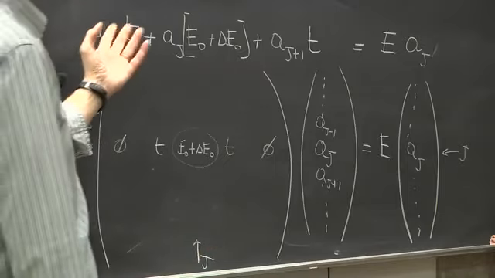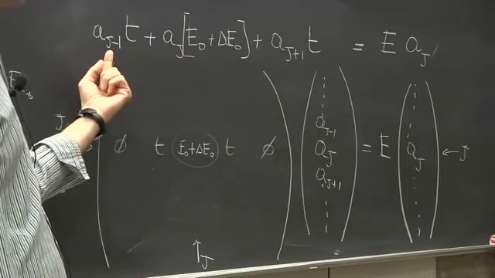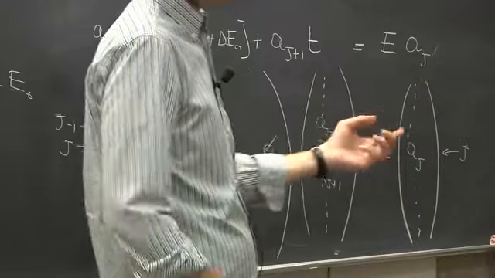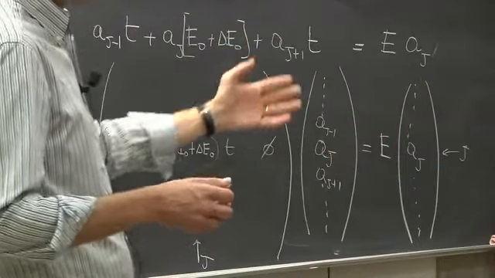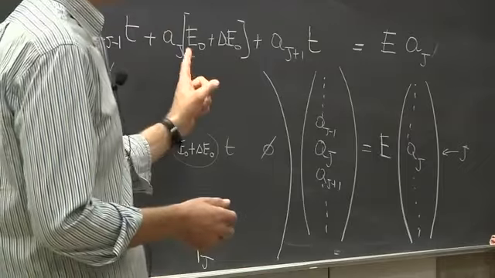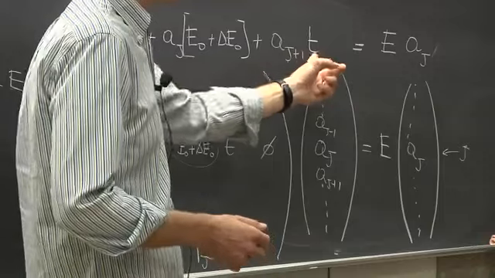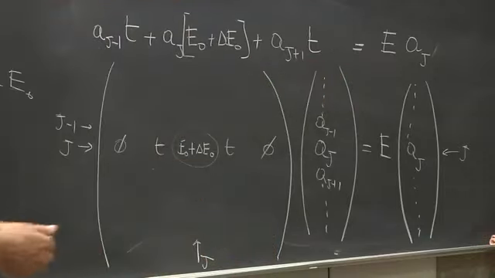Because this equation, I can write exactly the same equation for j minus 1 if I wish. Here there will be j minus 2, here there will be j, and here there will be j minus 1. I can just change the name to j. This is true for any j. The important thing to remember is that this j has to be the same as this one. And this has to be plus 1, the central one, and this has to be minus 1, the central one.